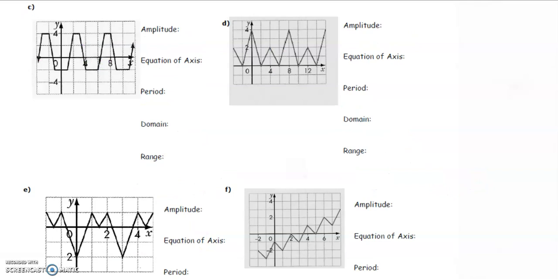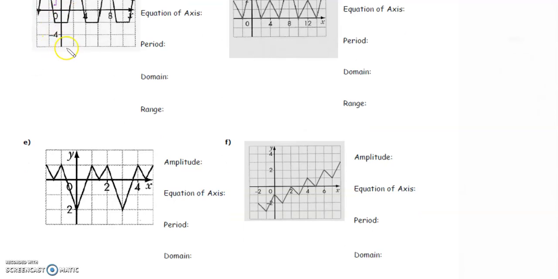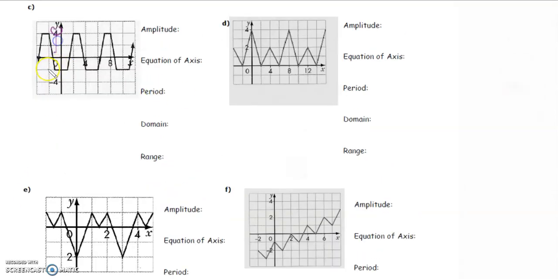C. C is periodic, so let's identify the equation of axis first. Our max is 4 and our min is, the scale here is 2, so that's -2. As soon as we see -2 and 4, we can fill in our range if you wanted to, because we have a max and a min. So y is between -2 and 4.